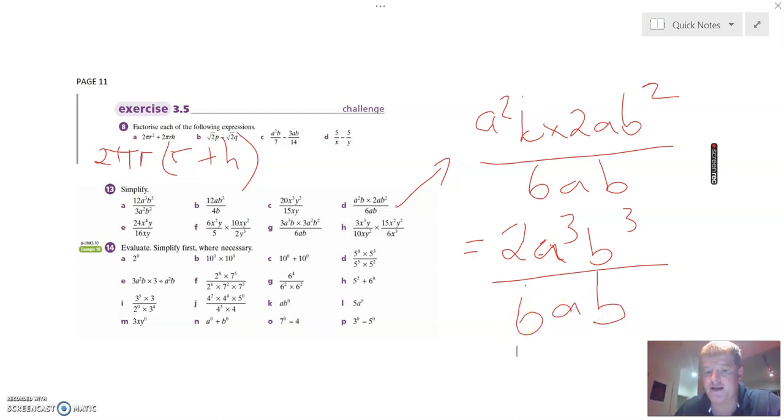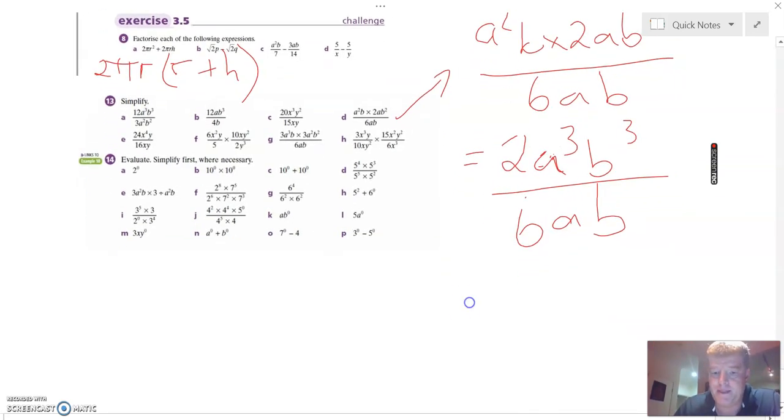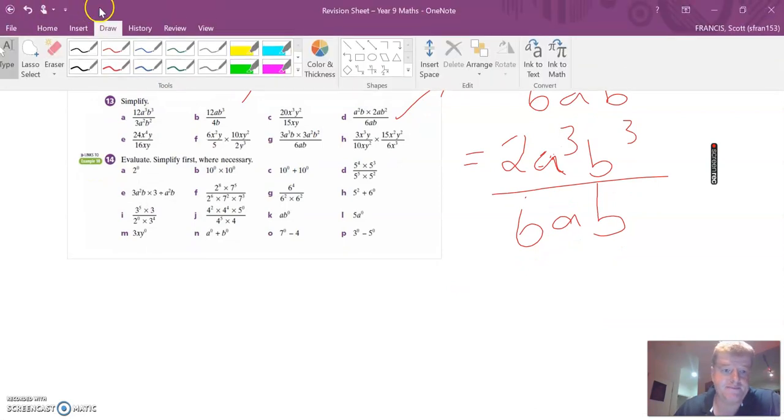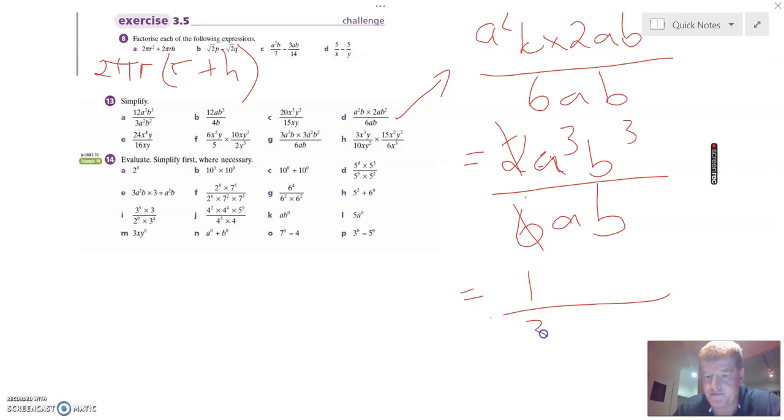So now we can try and see if we can cancel things for both the top and the bottom. So we've got here a common factor of 2. 2 divided by 2 is going to give us 1 at the top. 6 divided by 2 is going to give us 3 down the bottom. Now, a cubed divided by a, so a cubed is a times a times a divided by a, we're going to be left with a squared.